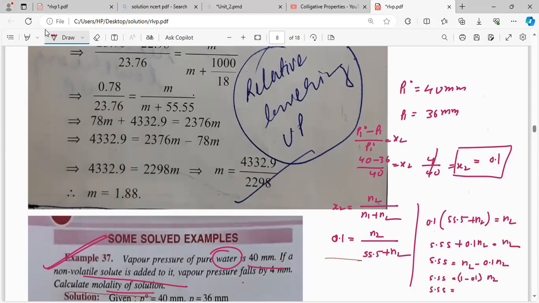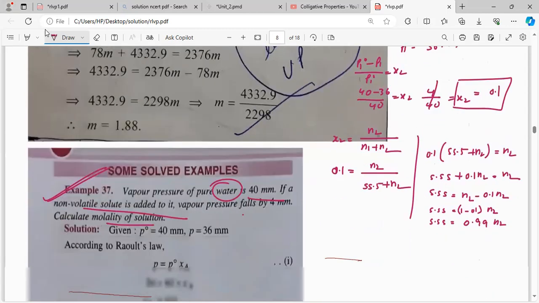This is approximately 5 by 9. I am saying N2 is approximately 5 by 9. 1 minus 0.1 is 0.9, so 0.99 N2, I am solving fully.